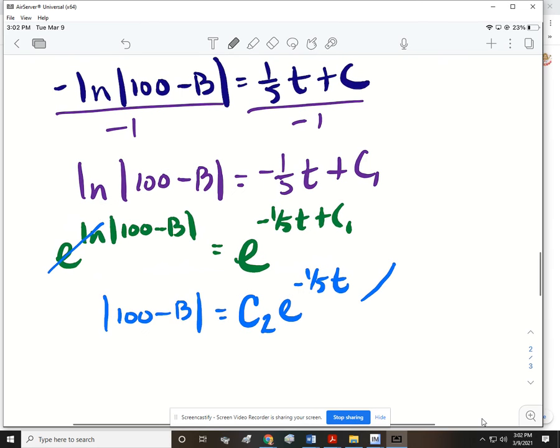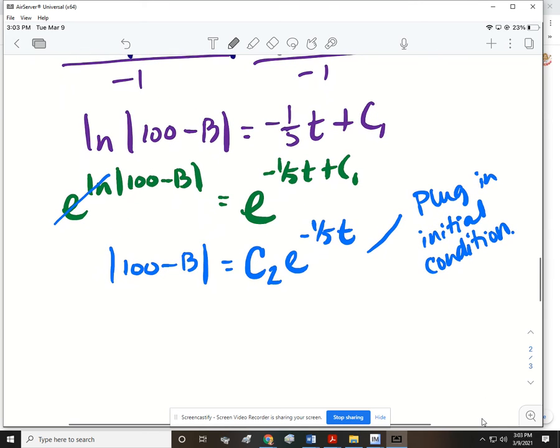Okay, so now I'm ready to plug in the initial condition. All right, and our initial condition is t is 0 and b is 20.